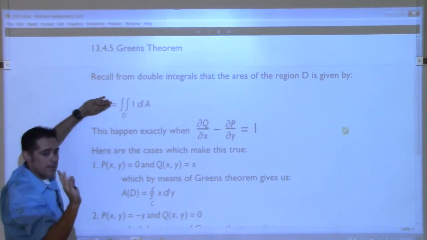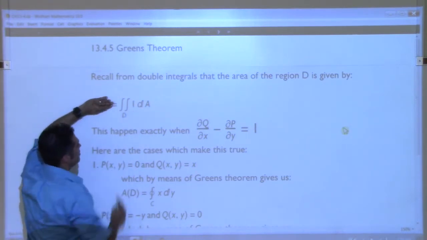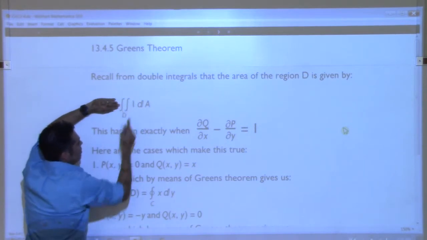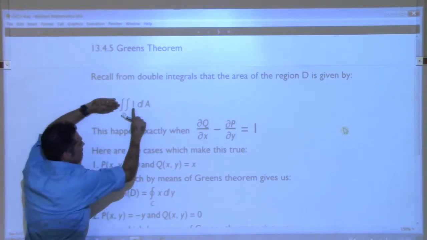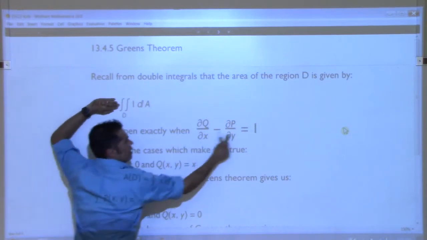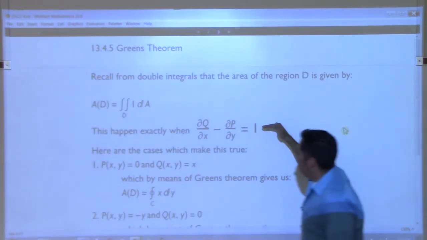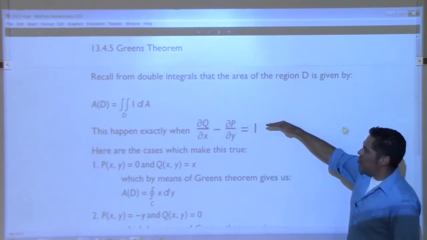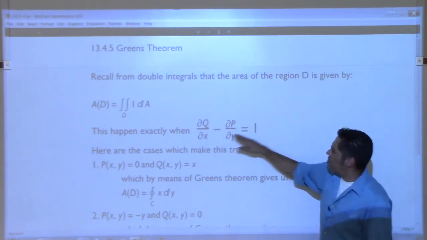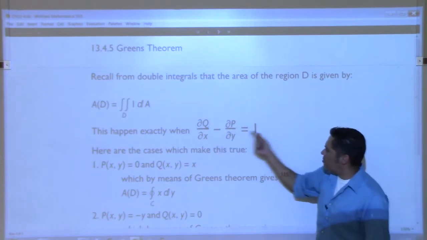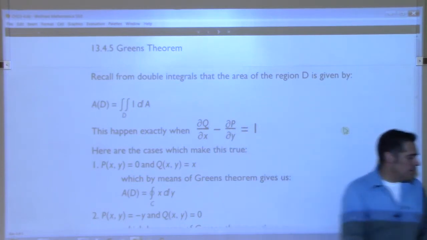We would have to have that this right here is that piece right there. So in what scenarios could we get the difference of these partials to be equal to 1? So here's one scenario.